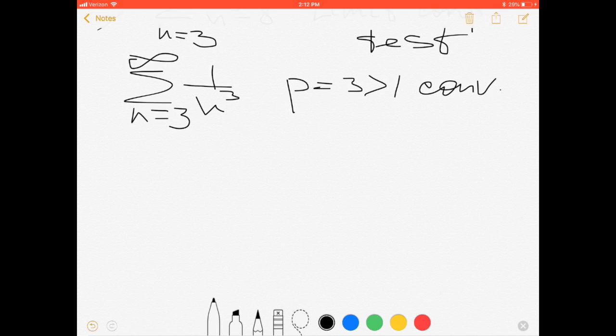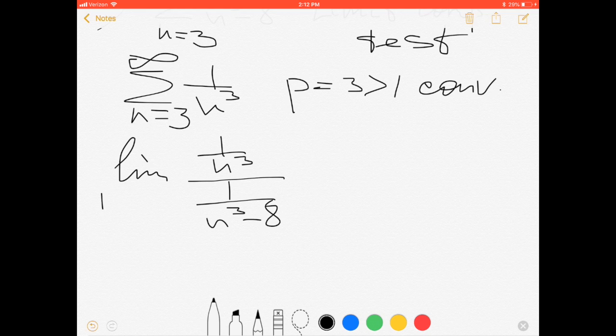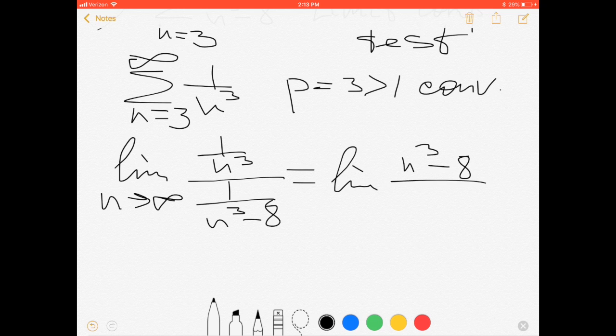And you can easily show the limit of 1 over n cubed minus 8 divided by 1 over n cubed, which is n cubed over n cubed minus 8, as n approaches infinity, and this limit is equal 1.